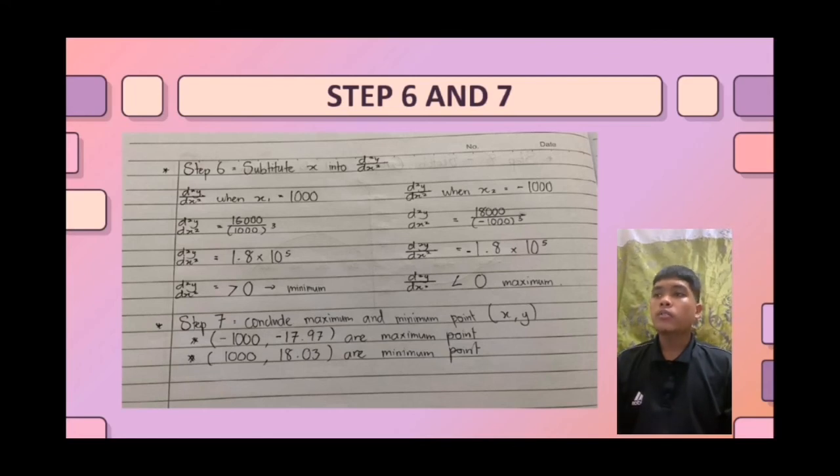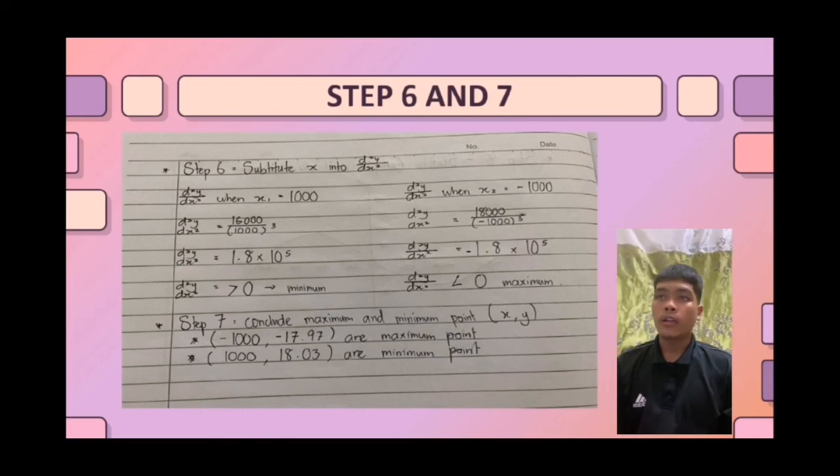So d square y per dx square when x1 is 1000 equals 18,000 divided by 1000 to the power of 3. So the answer is 1.8 times 10 to the power of negative 5. The value is bigger than 0, so this is a minimum.